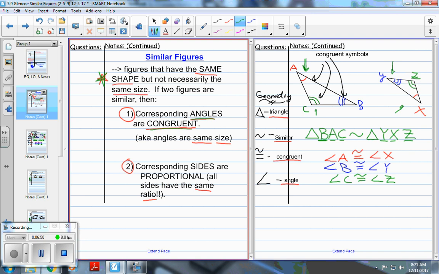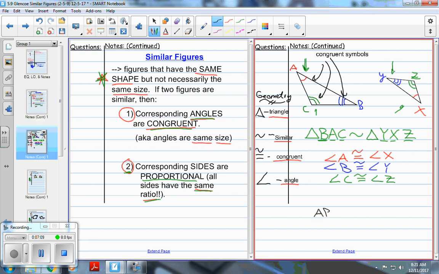And now it's the second part, the similar figures will have proportional sides. So we're able to create the same ratio. That's the really important part of this lesson because this is where our math comes from. What we will see here is that the ratio of side AB, and that's going from angle A to angle B, has the same ratio as if you went from angle X to angle Y, those congruent angles.